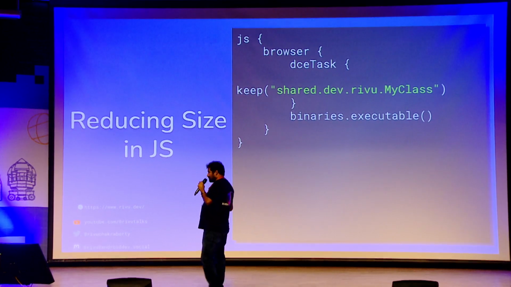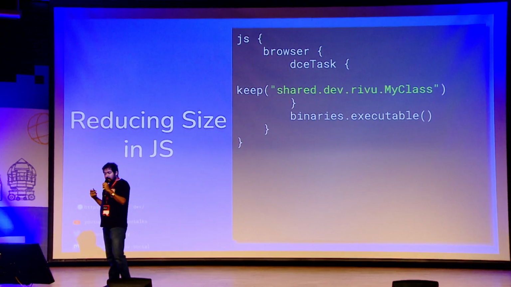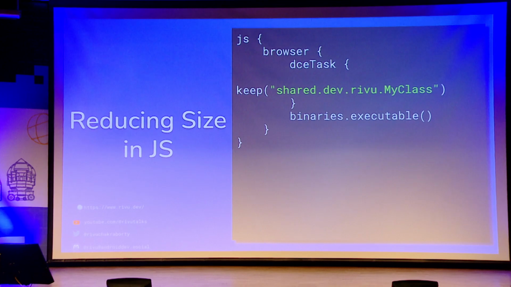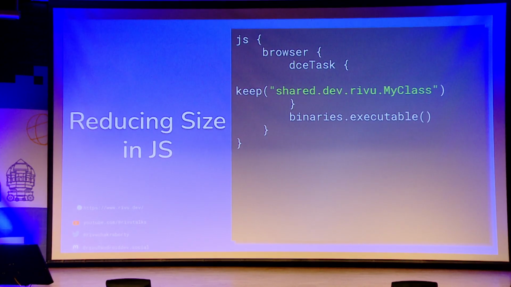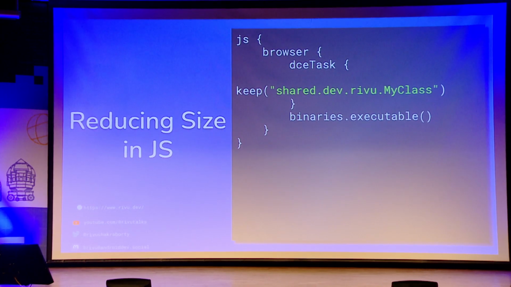However, in JavaScript, the total size of the source code is the size of your app. So the size of an SDK matters a lot. And JavaScript people complain that, hey, I want to use Kotlin Multiplatform, but the bundle size after sharing some code across is coming to 1 GB.